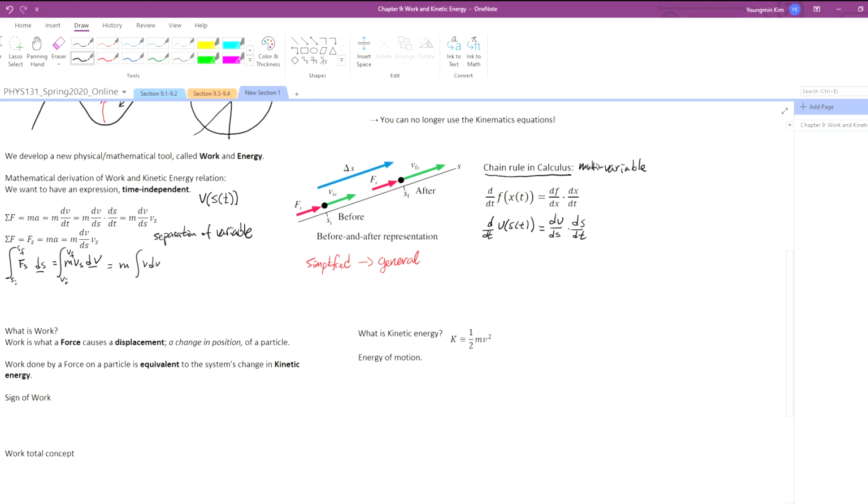And this becomes m times 1/2 v squared, evaluated from v final to v initial. So this becomes 1/2 m v final squared minus 1/2 m v initial squared.